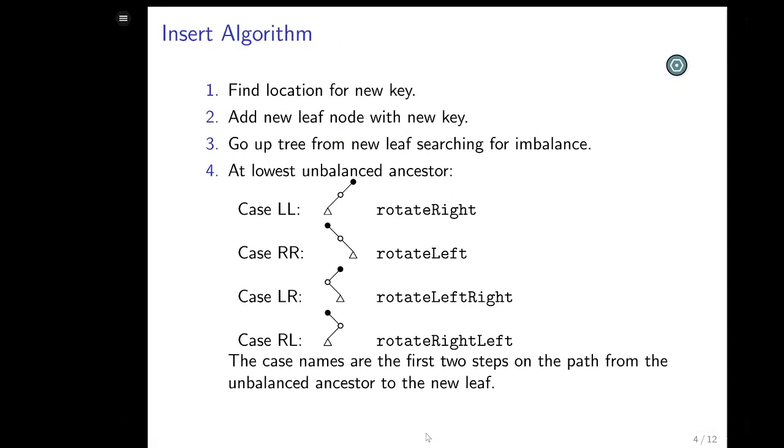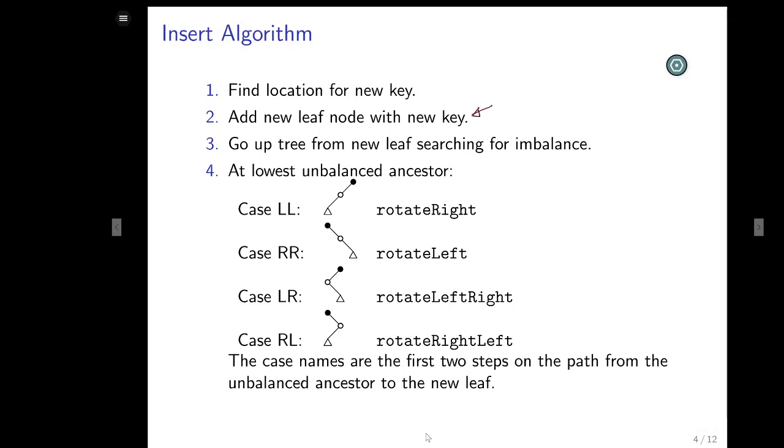There's some code. So this is the insert algorithm. First of all, it acts just like insertion in a binary search tree. It finds the location for the new key, which is some leaf location, and it adds the key to the tree as a leaf.